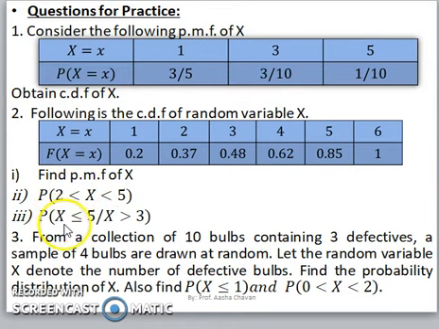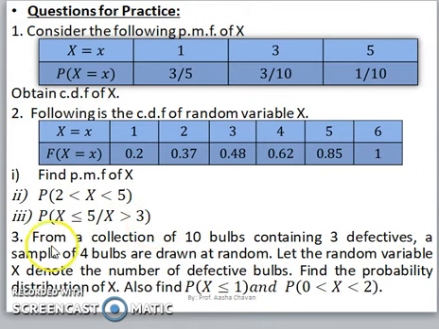And you will find the probability for X less than or equal to 5 given X greater than or equal to 3. For this case, you have to use conditional probability. The formula for this is probability of A given B is given as probability of A intersection B upon probability of B.